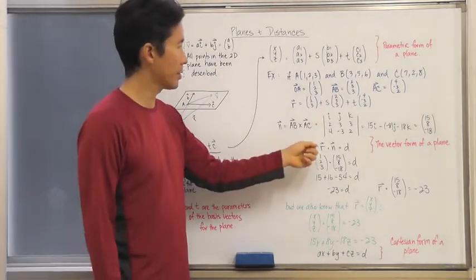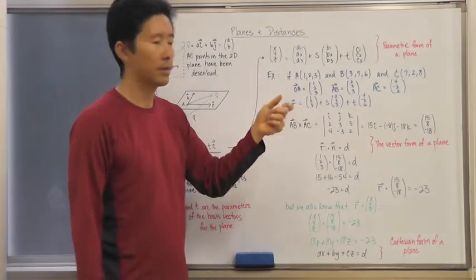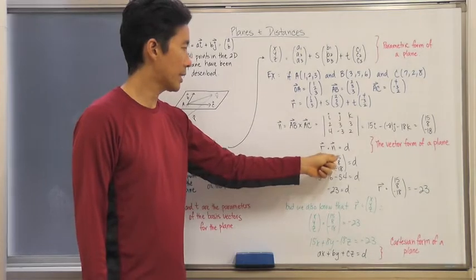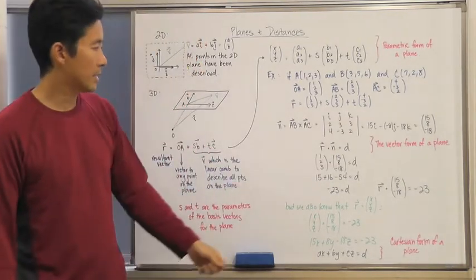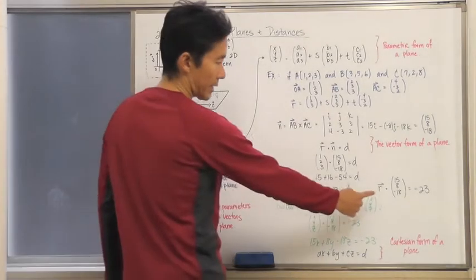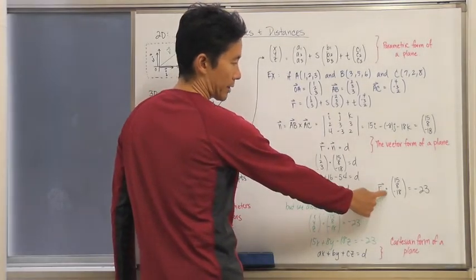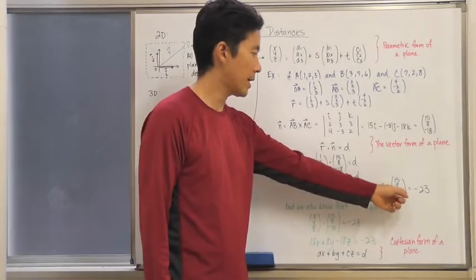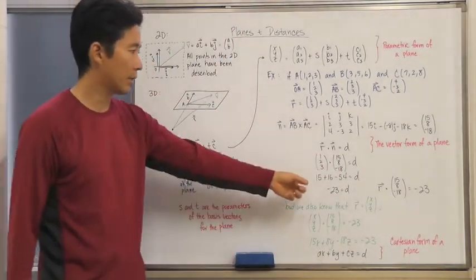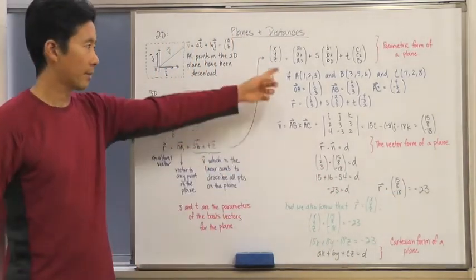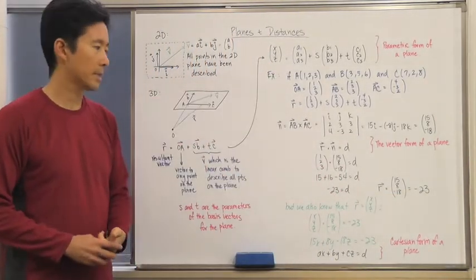And we already have one of those points because we know that this point is on the plane as well. So we can use 1, 2, 3, dot that with 15, 8, negative 18, and we come up with negative 23. So if I dot the resultant vector with 15, 8, negative 18 and come up with negative 23, I've found the specific vector form of the plane described by those 3 points.